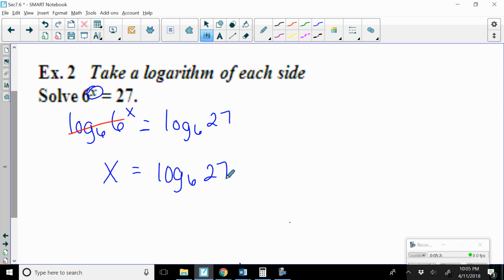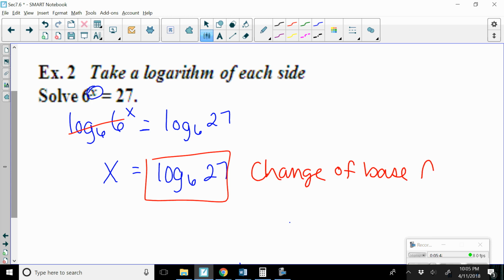Now we can't evaluate this exactly, because 6 to some integer power does not equal 27, so it's going to be a rounded answer. So we're going to use the change of base formula to estimate this answer.